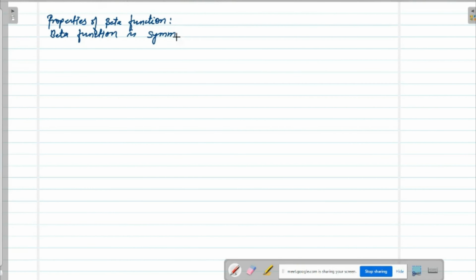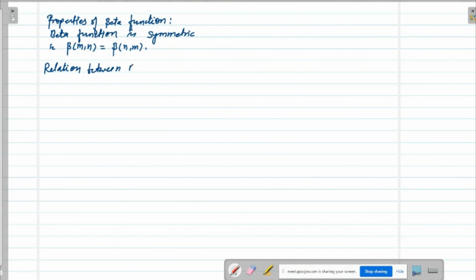Getting? And what is the relation between beta and gamma function? So we write the relation between beta and gamma function.